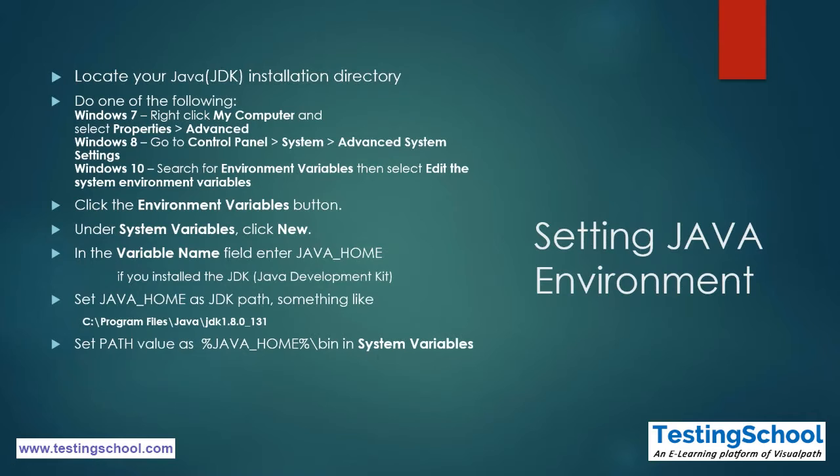It will be something like %JAVA_HOME%/bin. You can directly give the Java JDK file path until bin into the Path variable, but it is advisable to first define JAVA_HOME and then mention that JAVA_HOME inside the Path variable. Once you do this, your JMeter has been installed and it is ready to use.